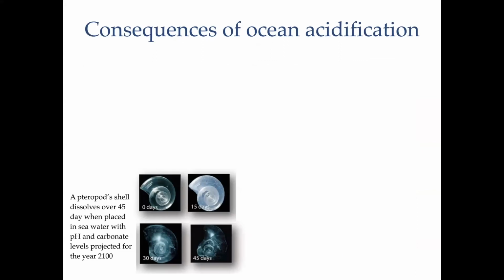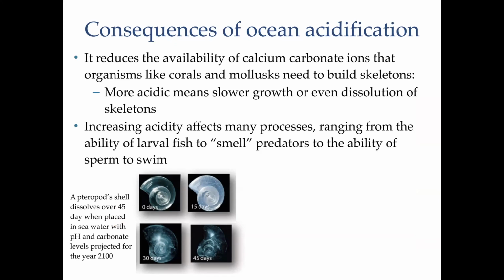What are the consequences of those? So as I already said, the shells of organisms start to dissolve in the pH that is really acidic. It reduces the availability of calcium carbonate because it reacts with this calcium carbonate and produces the bicarbonate that I said, which means that we are going to have a slow growth and even the dissolution of the skeletons.